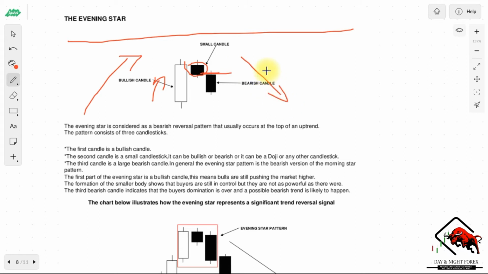So we are expecting this market to just start falling from here, right? Once this candle formation is complete, remember we said this candlestick right here needs to close below the midpoint of this candle. So this candle right here, we can say that the midpoint is somewhere around there.